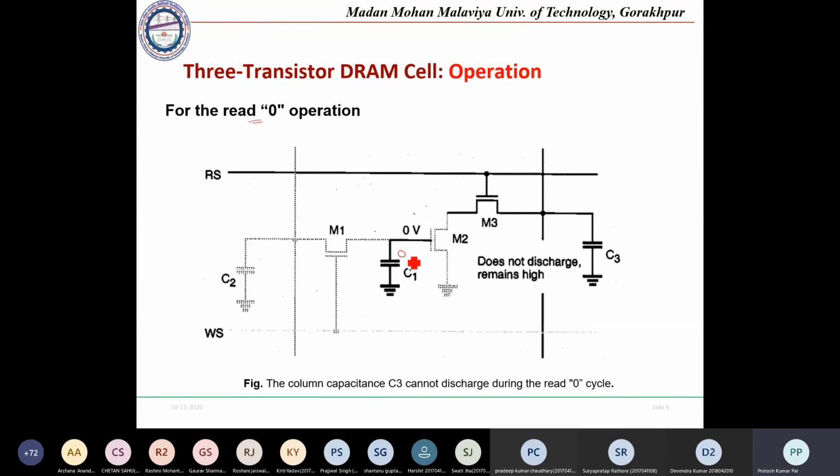If 0 volt is there, this transistor is off and this one is on, so there will be no discharge path and it will remain high. So the data out will remain high, which means there is a 0 stored at C1.